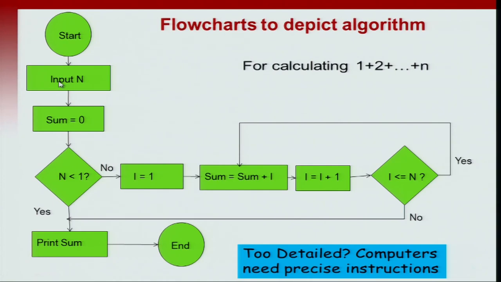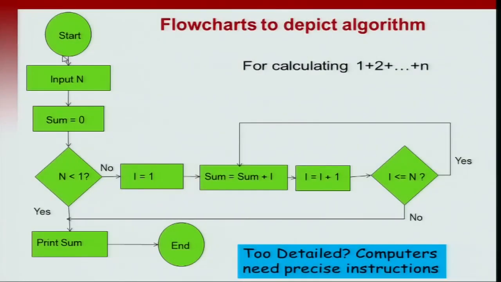Suppose you want to write an algorithm for adding the first n numbers. All of you know how to do it. The point is, how do you describe this step by step to somebody who does not know it already. So, first you have to take the upper limit n, and then you have to sum them up. One way to sum them up is to start with an initial sum of 0 and then add numbers one by one.